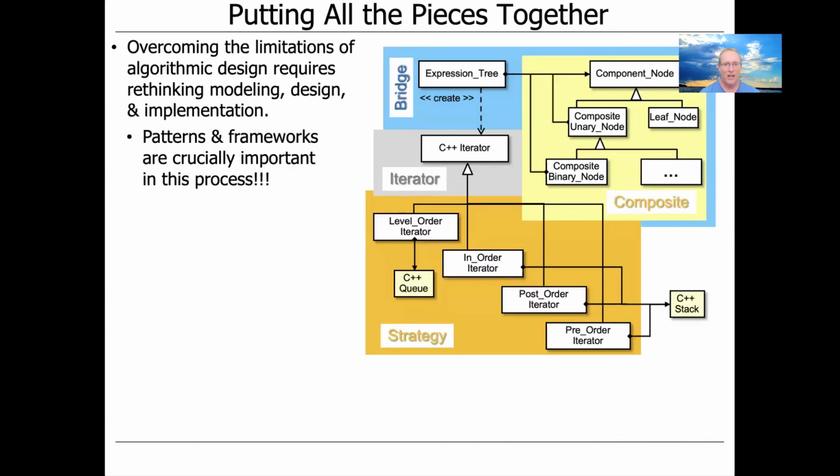And of course, as we already know by now, concepts and techniques like patterns and frameworks are crucially important in this process to ensure that the software you develop is going to be less coupled, more cohesive, easier to extend, easier to maintain, easier to port, and easier to adapt to new requirements and so on.